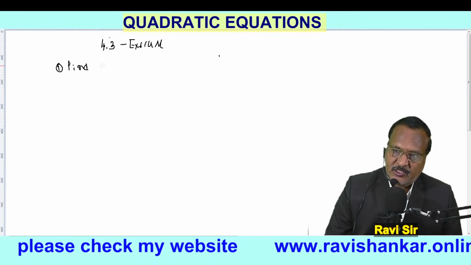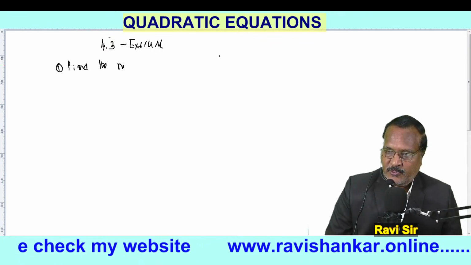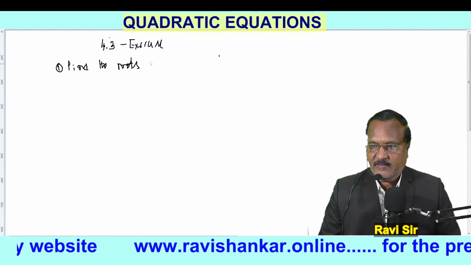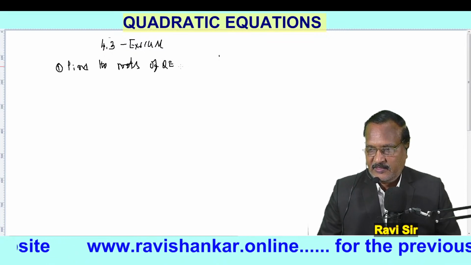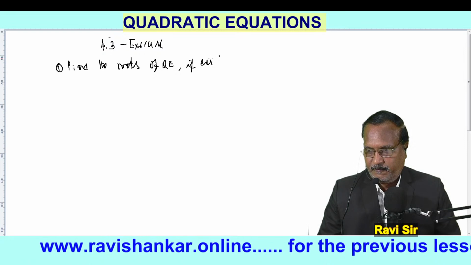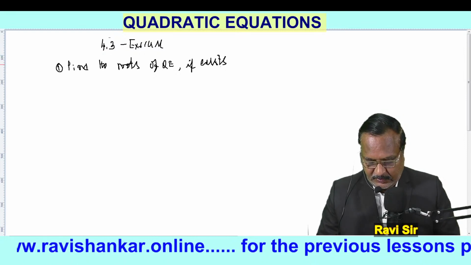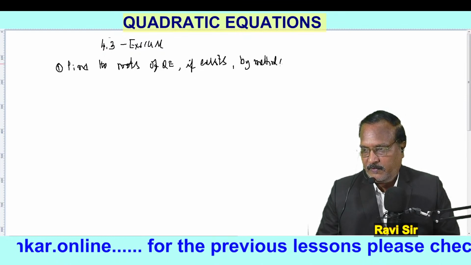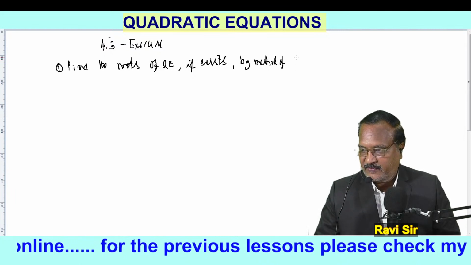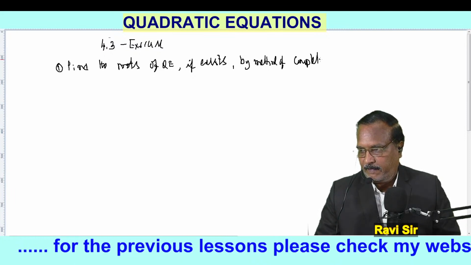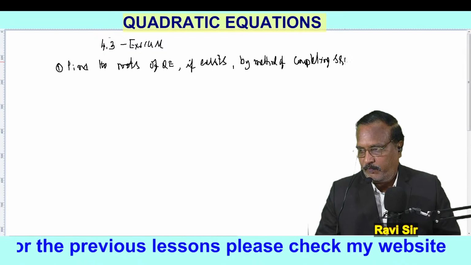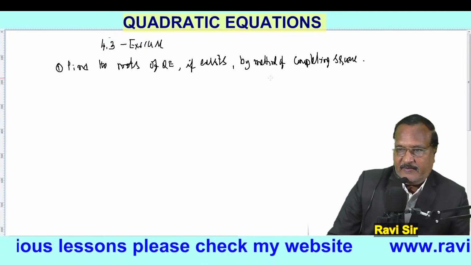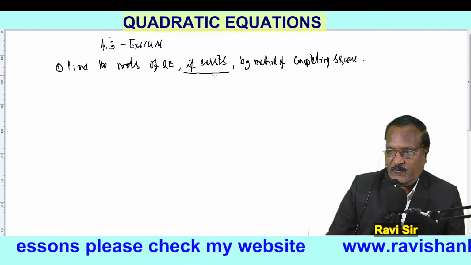Exercise 4.2 also find the roots, and exercise 4.3 also find the roots of the quadratic equation, if exist, by method of completing square. So if exist, I don't know why it is given.